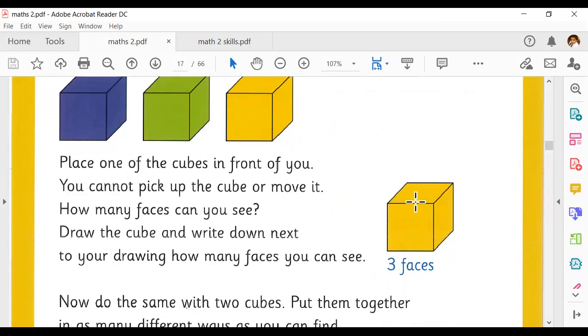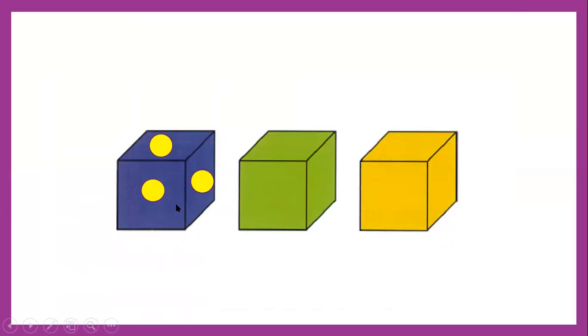Now you can see how many faces you can see. One, two, and three faces. So you have to check the faces and count. Let's come back to the slide. We have three types of cubes. One, two, three faces. So the cube has three, three, three.